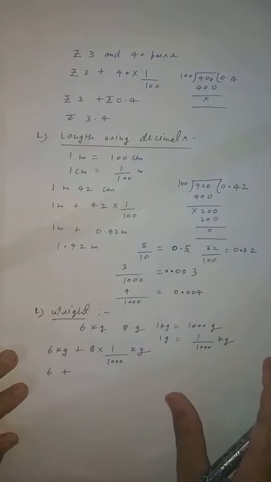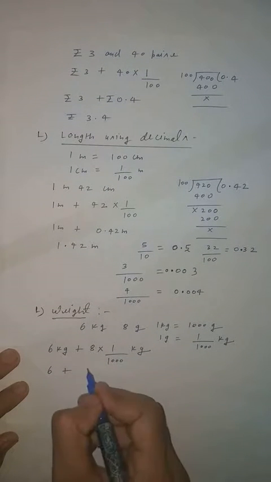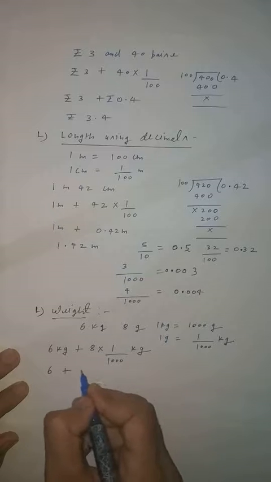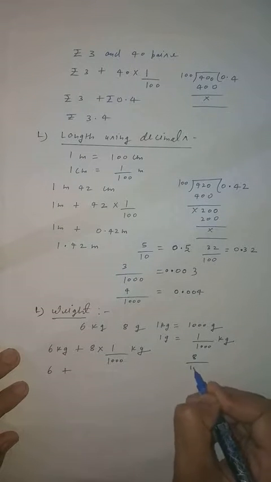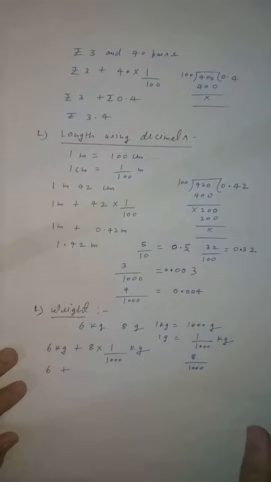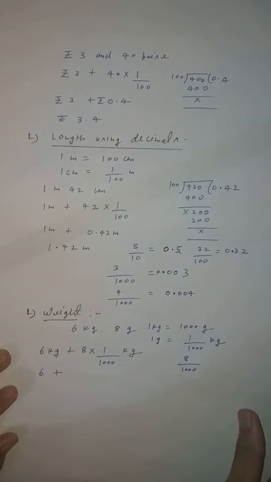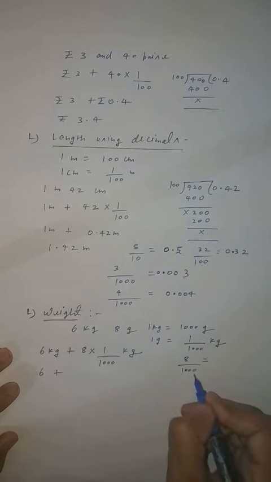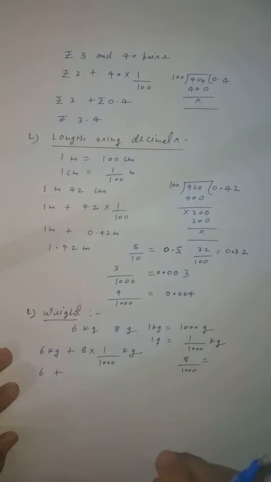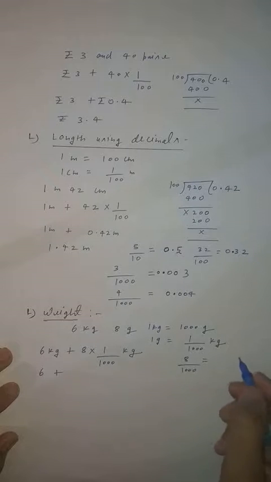Now 6 is given, so you will write down 6. Okay? Now what I explained: 8 upon 1000 is given. So what will you do, student? You know that this will become 8 upon 1000. I explained previously how to convert very fast into decimal. You know that after the decimal there should be 3 digits, because 1000 is given, and the process I explained, why it is coming. So you will write down 8.